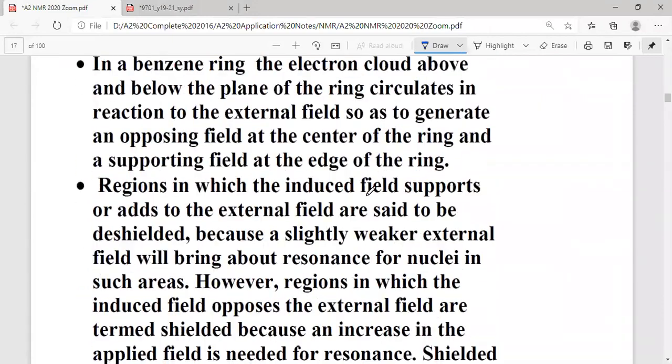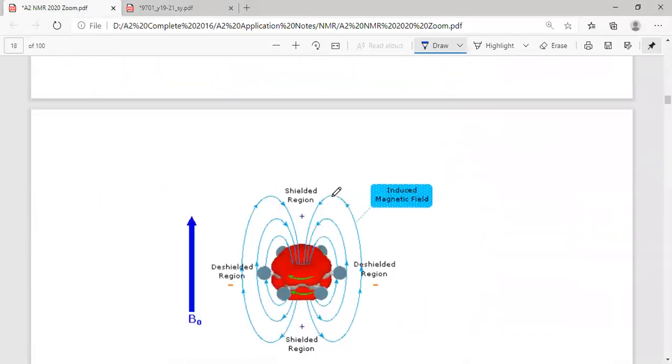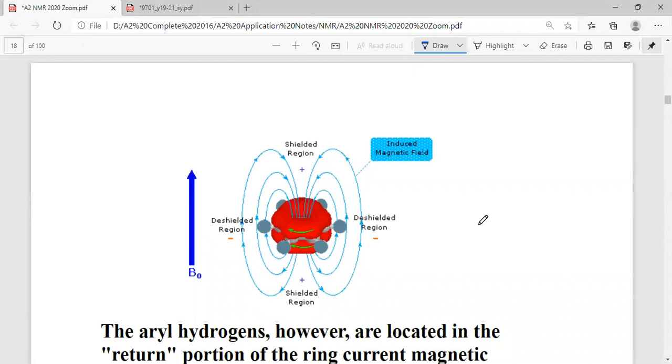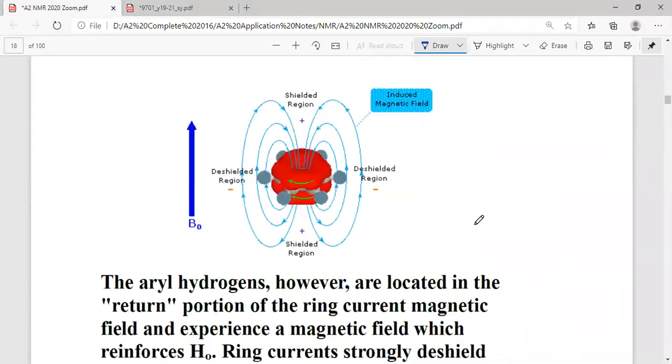Now here I will talk about the benzene ring. The benzene ring is a bit different. Now this is the benzene ring, a carbon here to a carbon here, to a carbon here, and so on. Now this is a hydrogen.